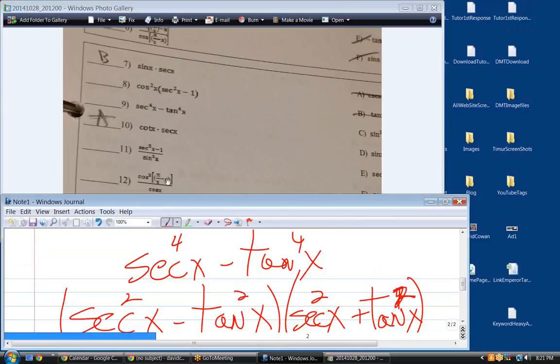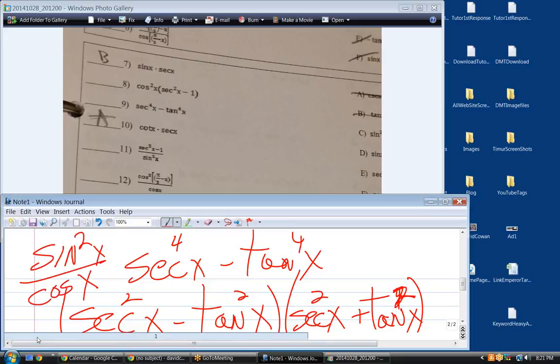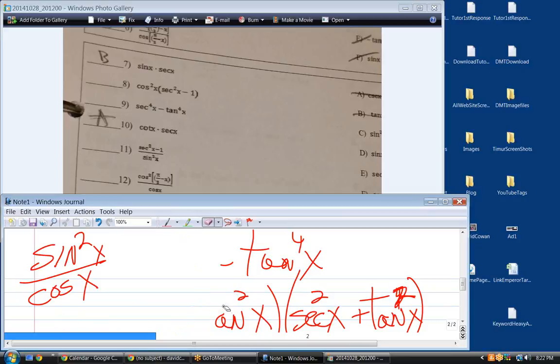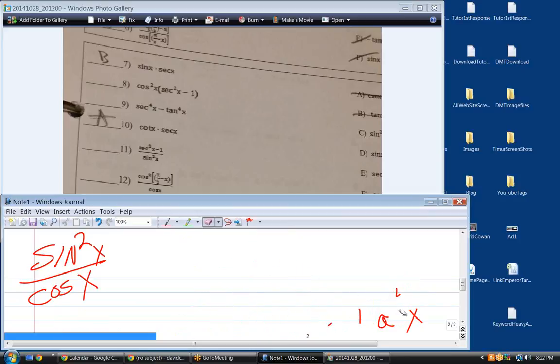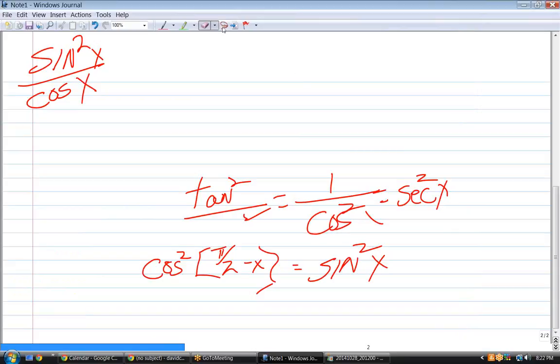So we have sine squared of x over cosine of x. That's an interesting thing to simplify. What can I do with that?